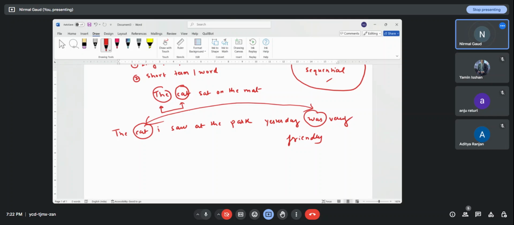Okay. However, as I divide this text into sequences, the cat I saw at the park, let us suppose this is sequence number 1. Okay. Then yesterday was very friendly, sequence number 2.